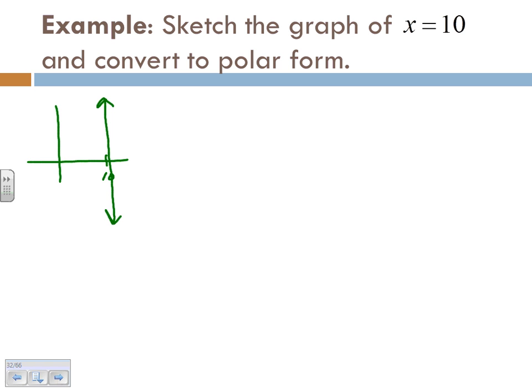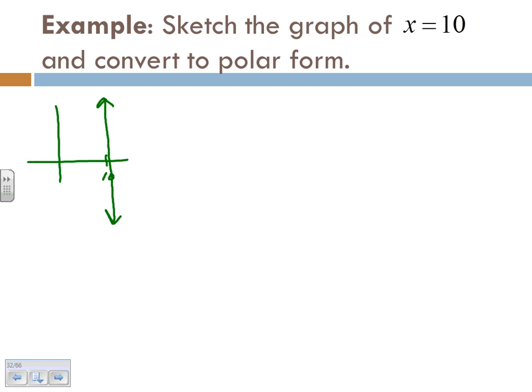If you've got your conversion to polar, I'll check it. And that's all for R. R in terms of theta. X. So you could get 10 over cosine.